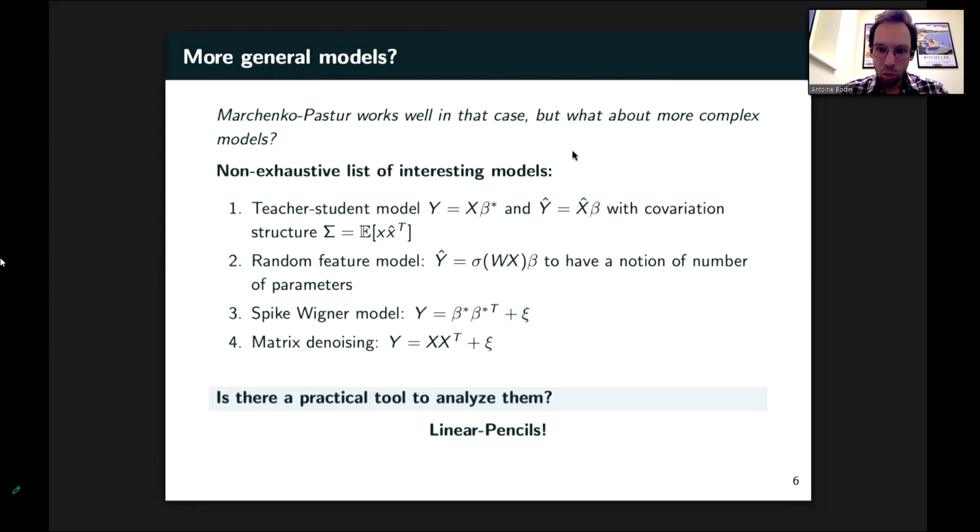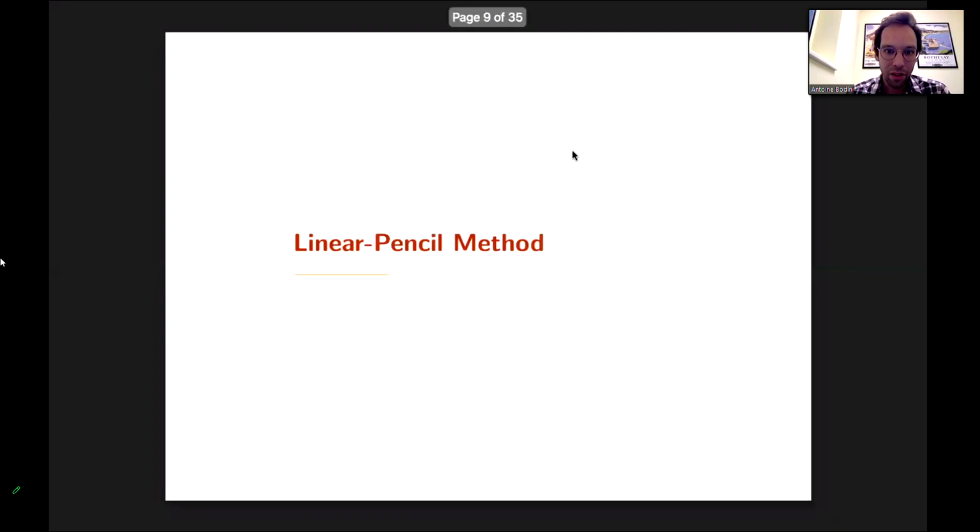But the whole question here is, we know Marchenko-Pastur, but how do we go beyond that case, and how can we potentially rederive the Marchenko-Pastur expression in a simple way? Actually, there is a tool called linear pencils, which I'd like to introduce in the next few slides. Okay, so let's go forward with this specific method.